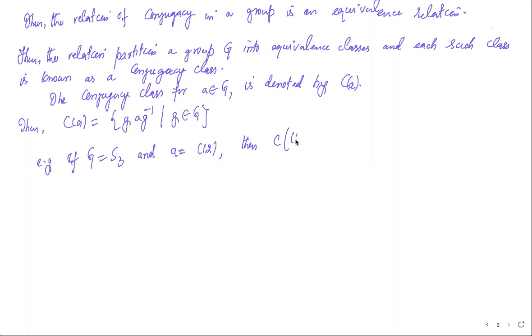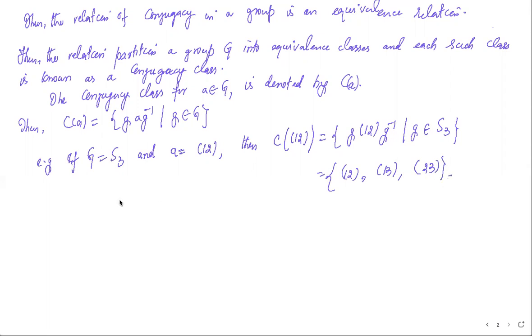The class of the element (1 2) is the set of elements g (1 2) g inverse such that g belongs to S3. Then by direct calculations, when we put g as the six different elements of S3, we obtain (1 2), and similarly we get (1 3) and then (2 3).